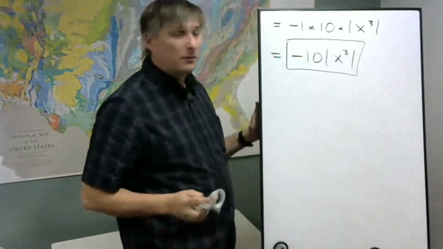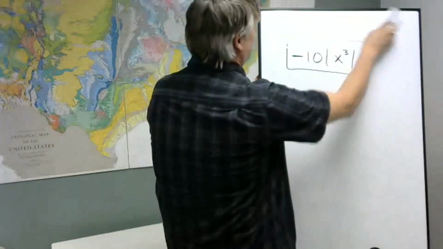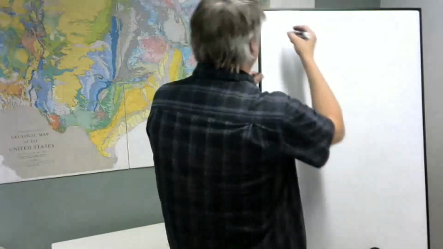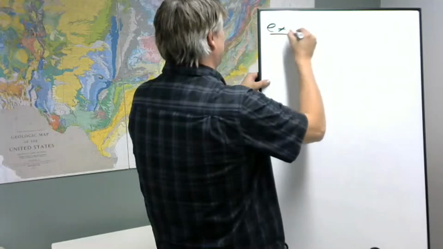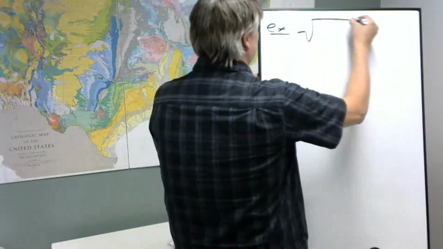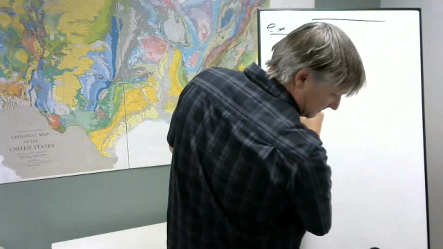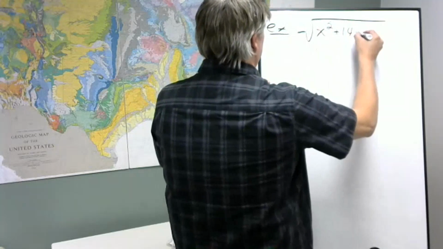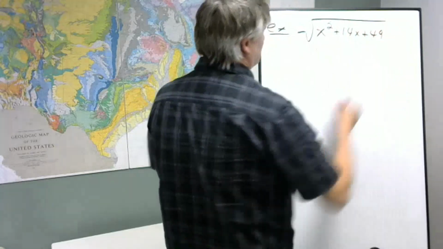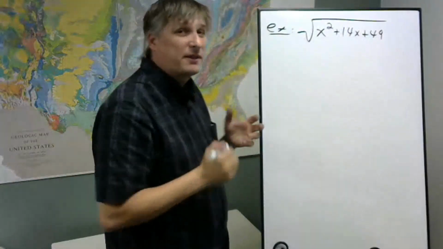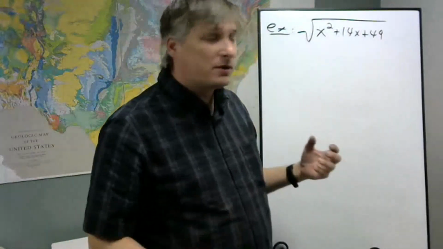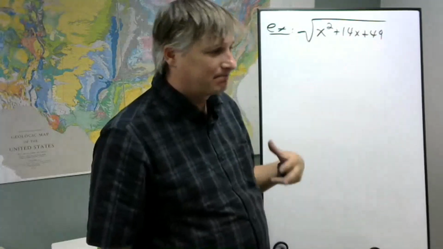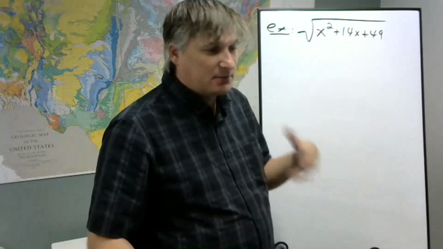So let me do another one of these. So what we want to think of is this. Two numbers that add up to 14 but multiply to 49. Well, that's going to be 7 and 7.